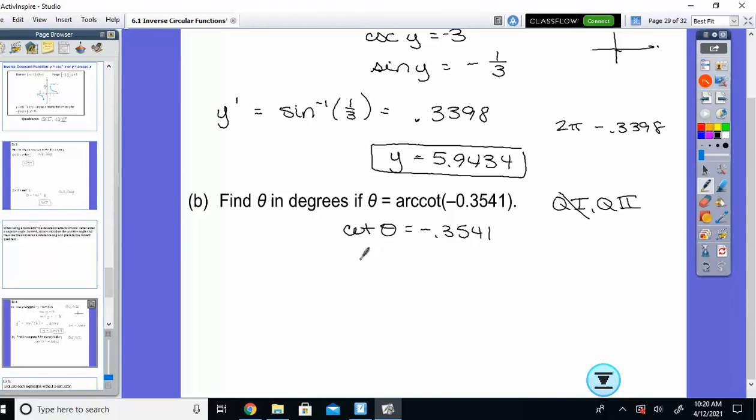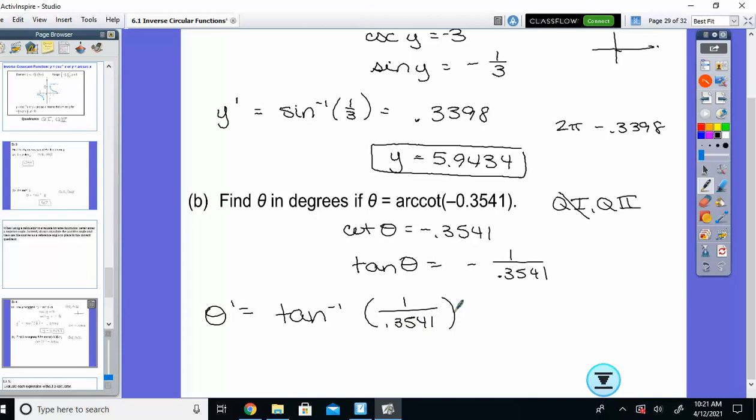To type this in, since we don't have a cotangent button, we're going to have to do tangent. So that means tangent is 1 over that. We type in the positive, so you will do tangent inverse of 1 over 0.3541. I get 70.5009 degrees for the reference angle.